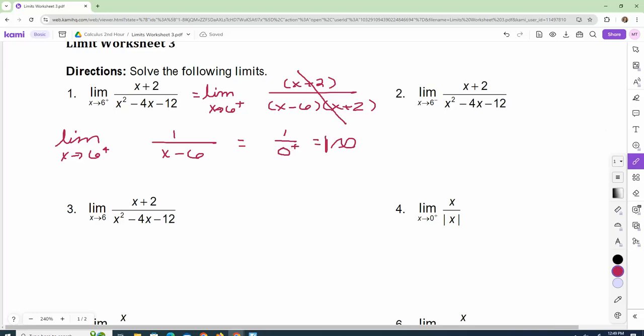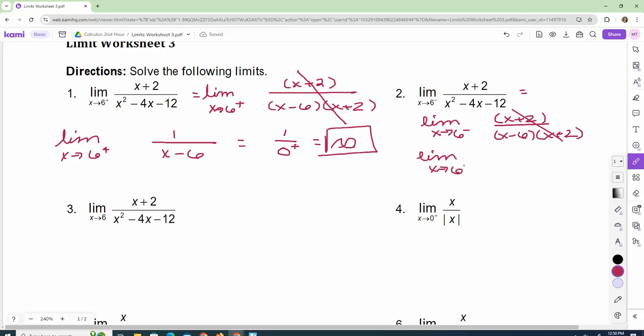All right. So, the same question, but now approaching it from the left. You would still be hopeful that factoring and reducing would make a difference, but it doesn't. So we have the limit as we approach 6 from the left of 1 over x minus 6.